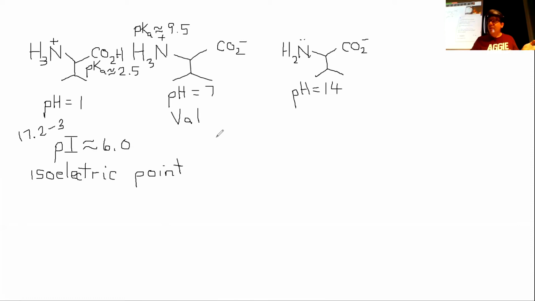You'll also get to review some of the old reactions, since they will certainly apply to amino acids. So this also counts as final exam review here. One of the things you can do to an amino acid, for instance, let me just pick another one.